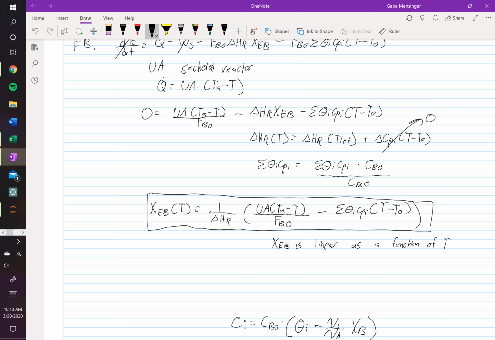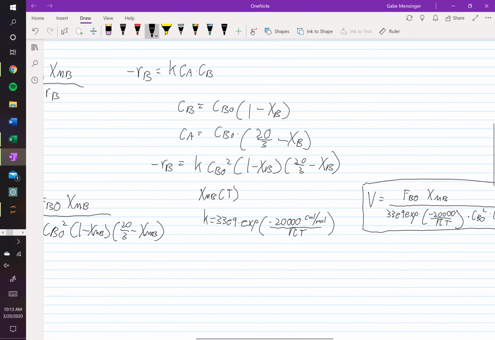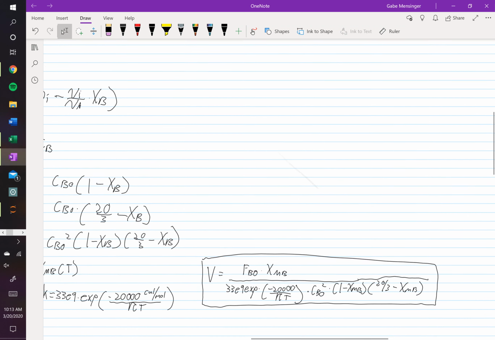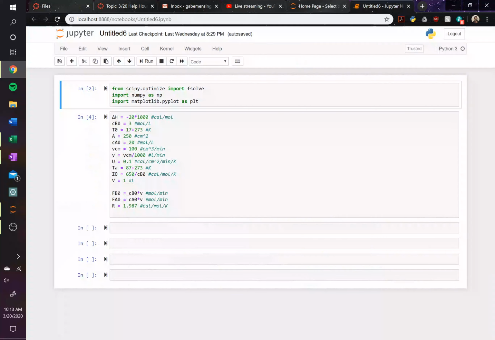All right, so we've got our energy balance, we've got our mass balance. So now the next step is to go and plot these. And since I'm doing this on a computer, I can show you guys how to do that. I have Python pulled up, just run that.